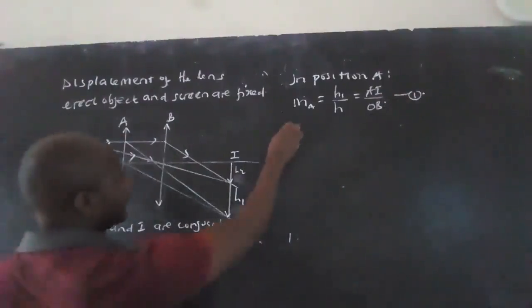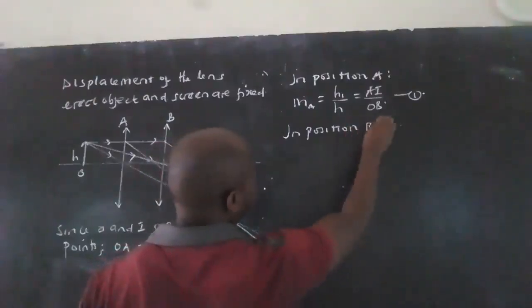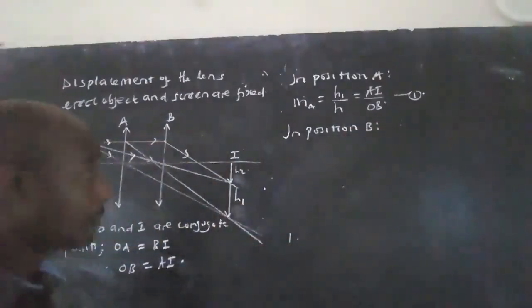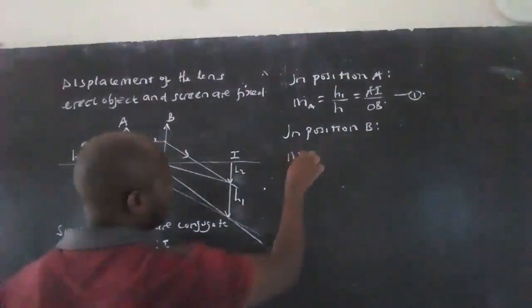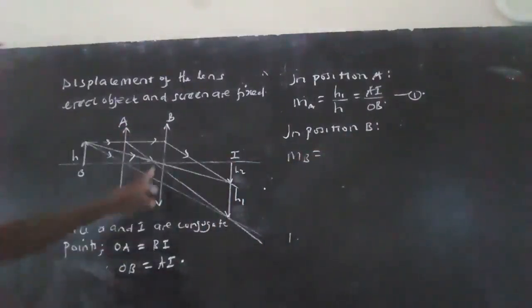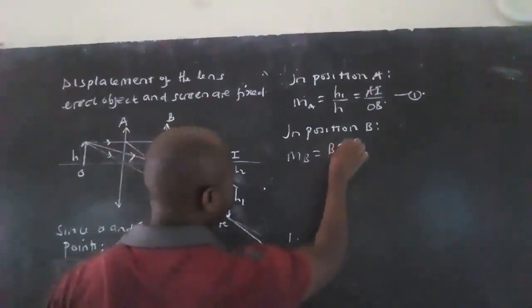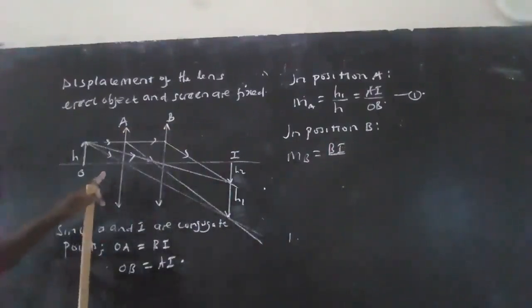Then we got, in position B, magnification in B will become the image distance. In here, image distance is BI over the object distance. Our object distance is OA.